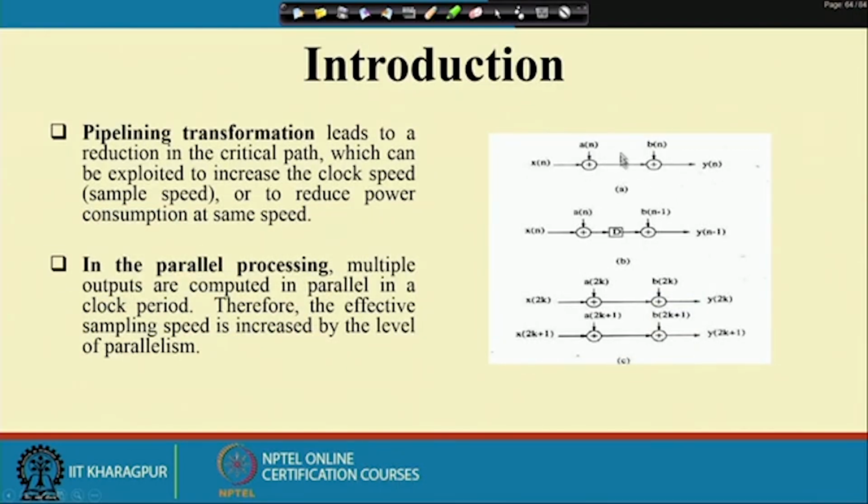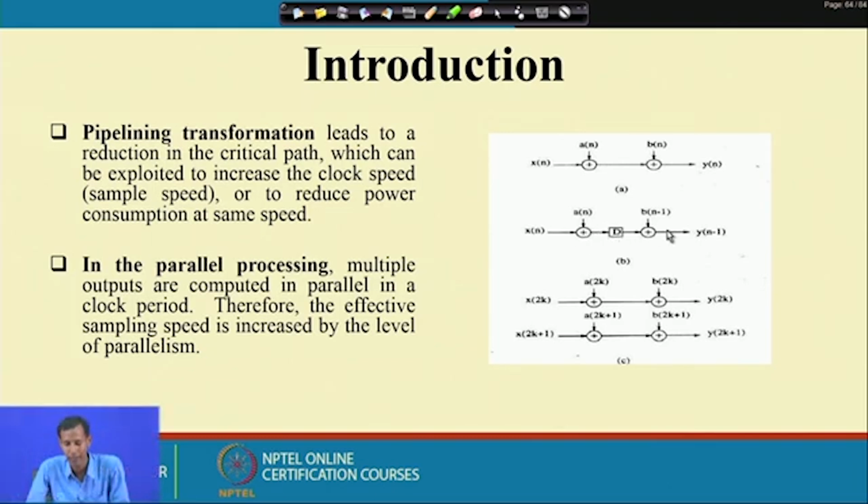In between these two, at the connection level, I am putting the register. So, at the operator level they act as two different adders if I put the register in between the path. This is known as coarse grain pipelining.